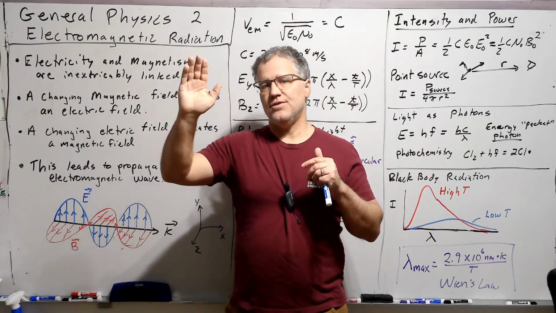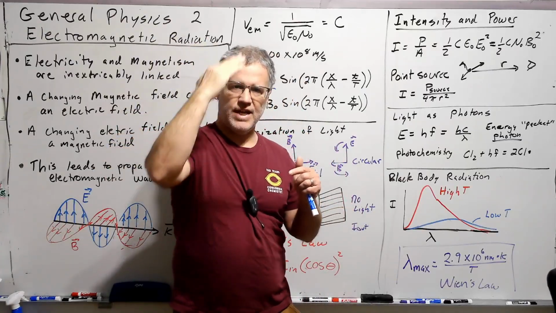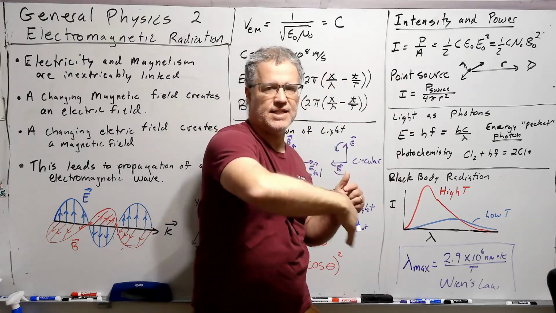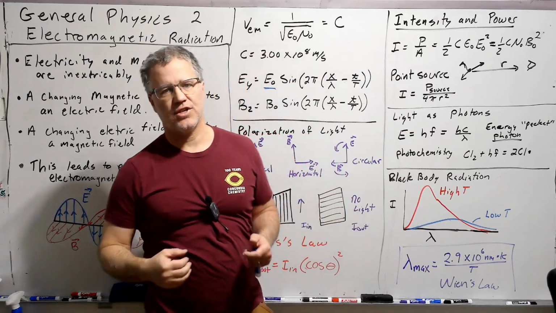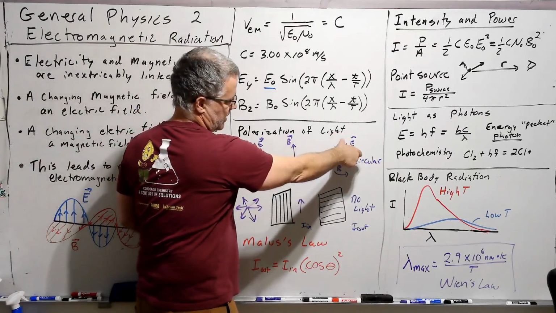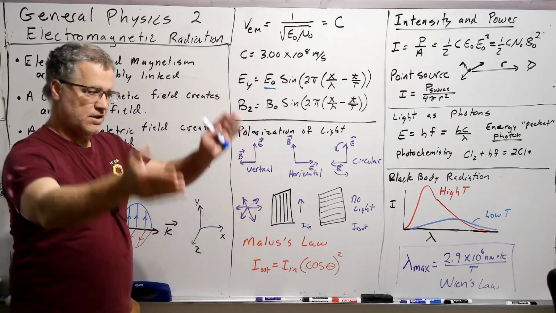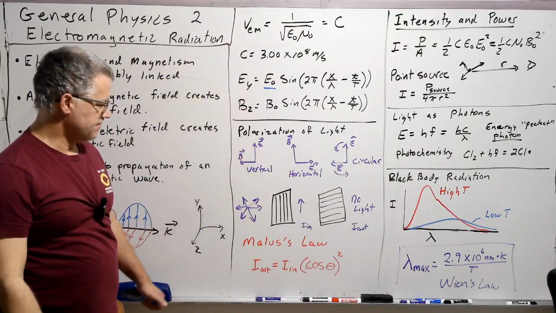Another special state is when they're moving at a constant rate, spinning or twisting like this, then we would say they're circularly polarized. And this means that in our laboratory axes, the electric field and the magnetic field are rotating out of plane.